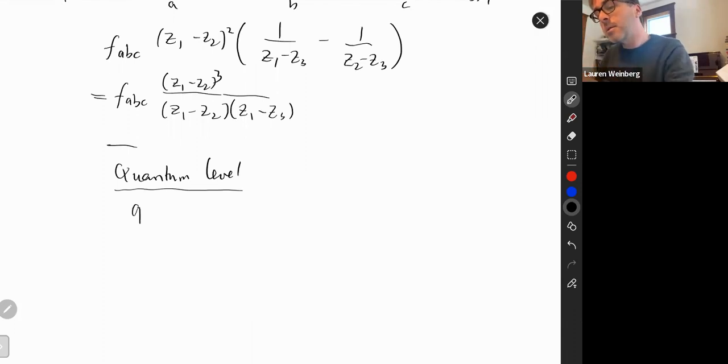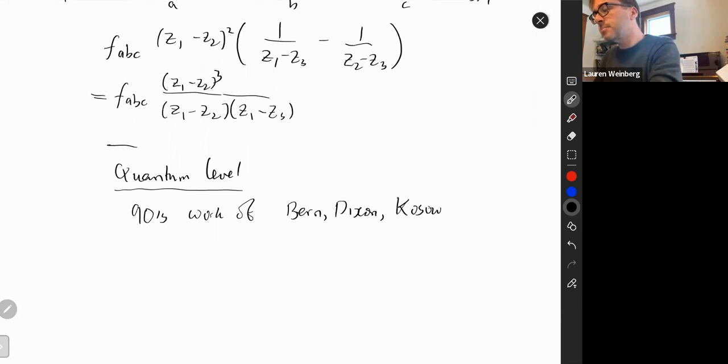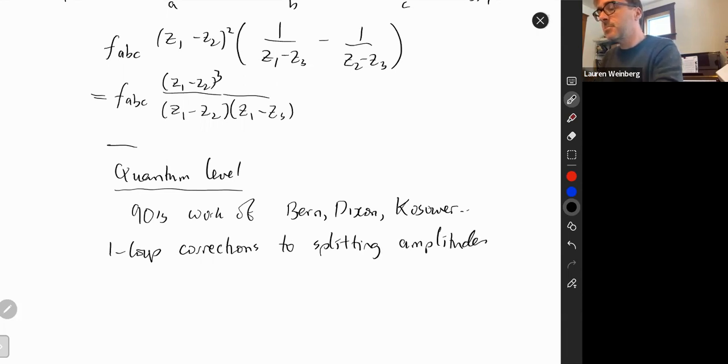So in the 90s, work of people like Byrne, Dixon, and Kosower found one loop corrections to splitting amplitudes, that is, to collinear singularities.